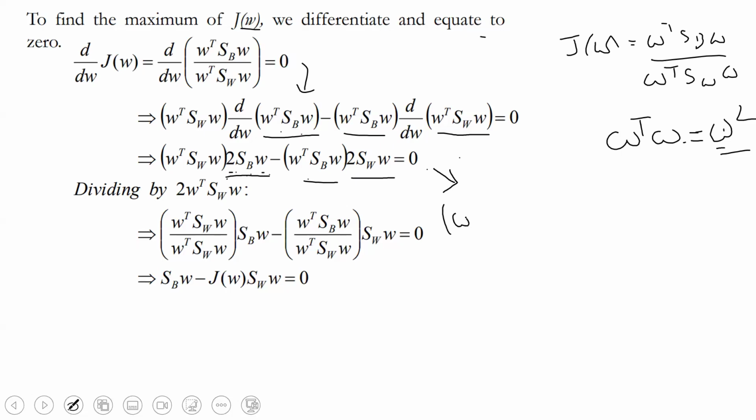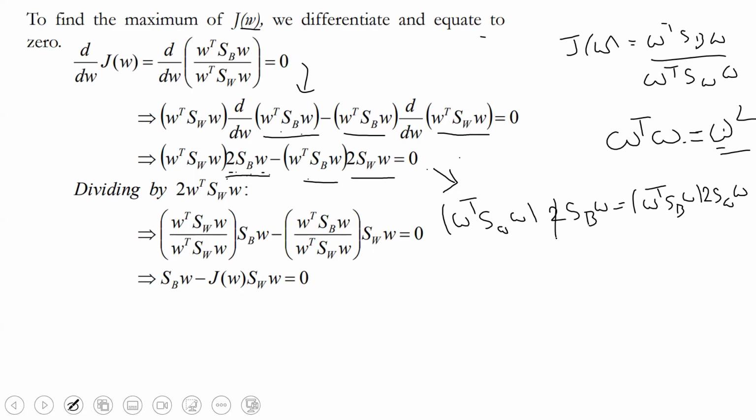So just look at this. W transpose SW W into 2SBW is equal to W transpose SBW into 2SWW, right?